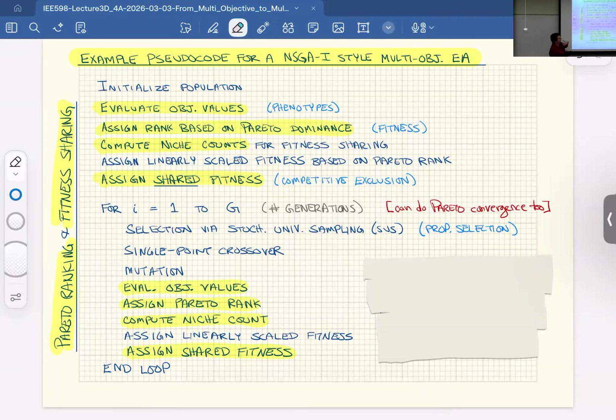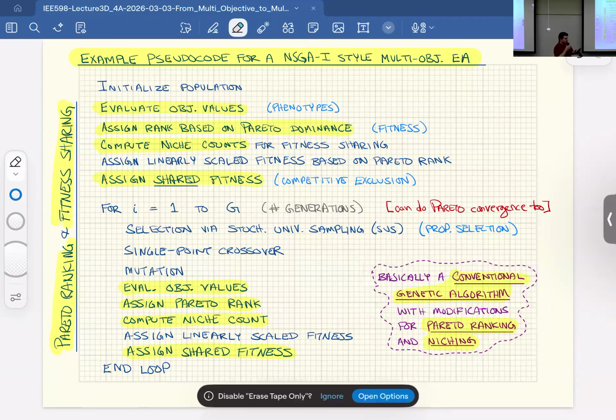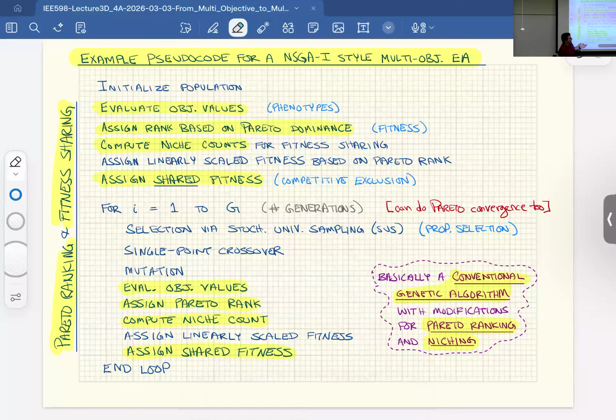You can do this approach over and over again, and then hopefully you get movement toward the frontier. If you get a bunch of individuals clumping together, they get low fitness, and then hopefully some of those get removed, and then you get spreading out around the frontier. So this is basically just a conventional genetic algorithm with a slightly different fitness calculation and niching.